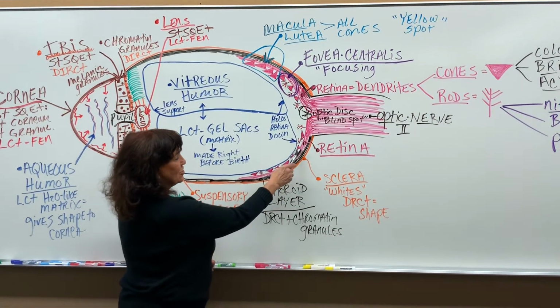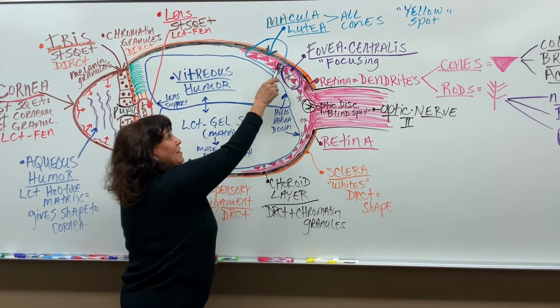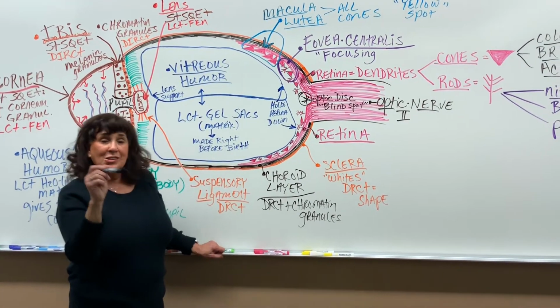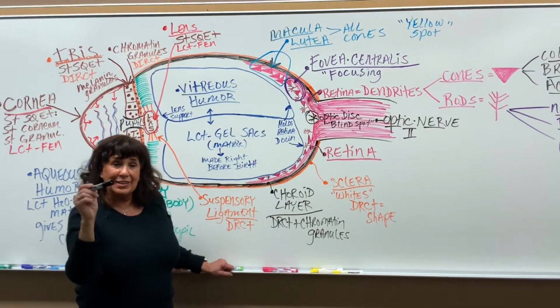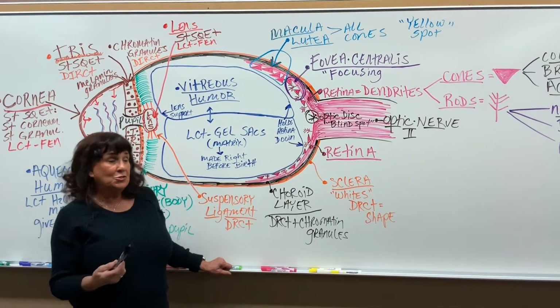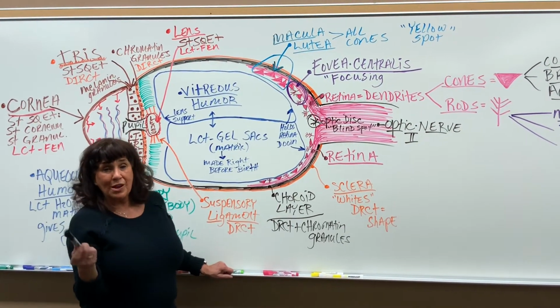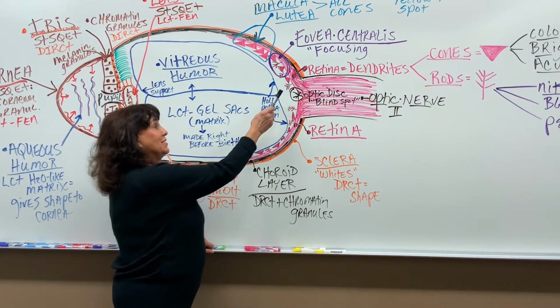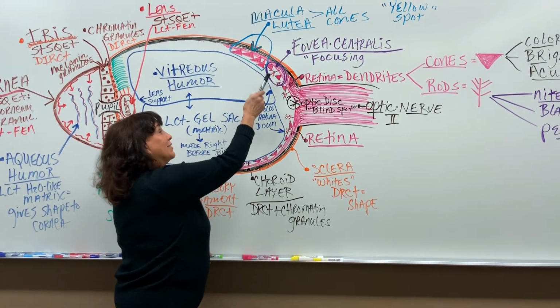And these are all dendrites. They're all dendrites waiting for the light to hit them so that they can create electricity and then send it back to your occipital lobe to process the information of what you're seeing and store it.